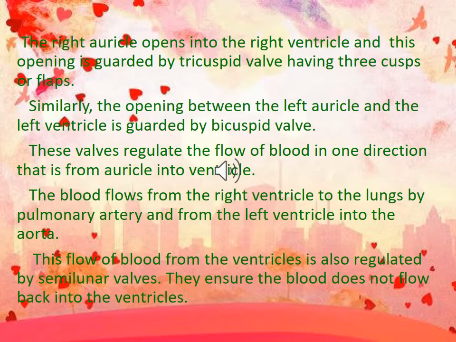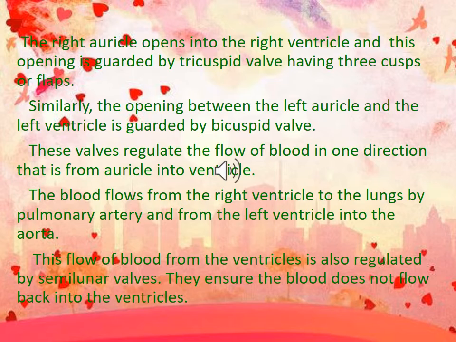Now, the right auricle opens into the right ventricle and this opening is guarded by a valve which we call the tricuspid valve as it has three cusps or flaps. Similarly, the opening between the left auricle and the left ventricle is guarded by the bicuspid valve as it has two cusps or flaps. These valves regulate the flow of blood in one direction, that is from auricle into ventricle.